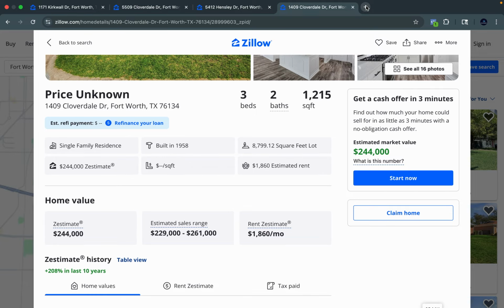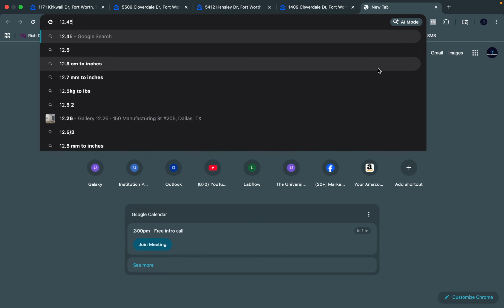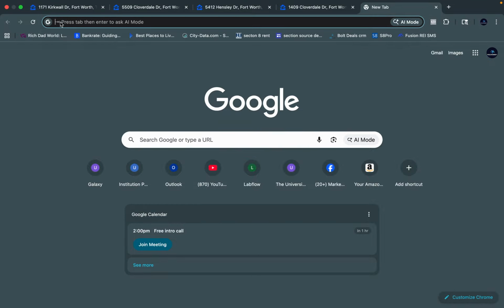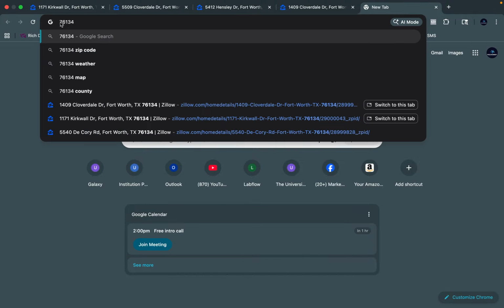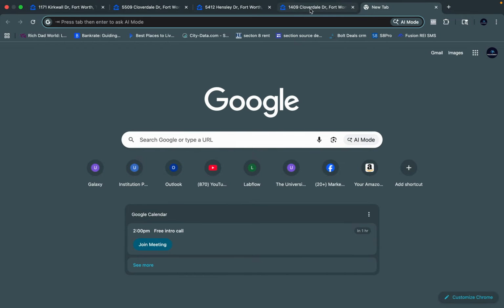Typically, let's say the number comes out to about 12 point whatever. You want to typically get two numbers after the decimal. If you get one, it's not going to make a big deal. If you get none, it's not going to make a big deal. Typically, I just like going for two numbers after the decimal, just because it makes it a little bit more accurate and gives you a better idea of what ARV is at.